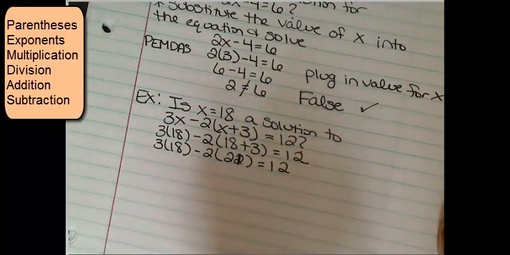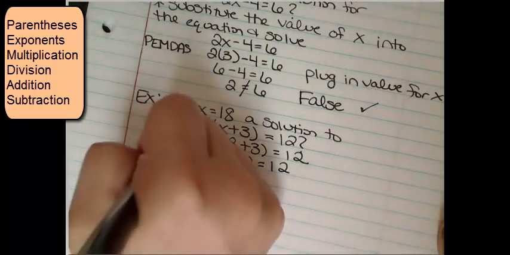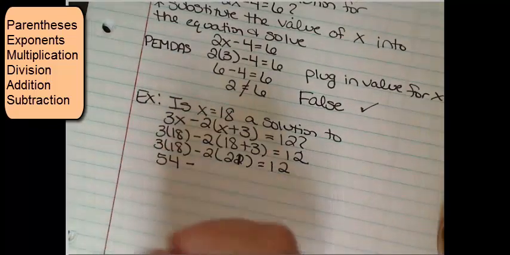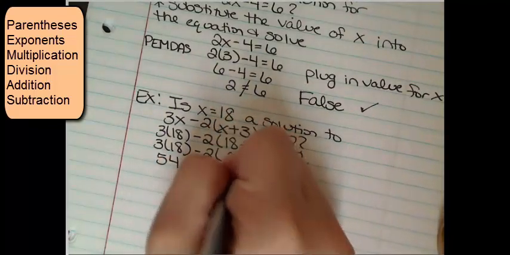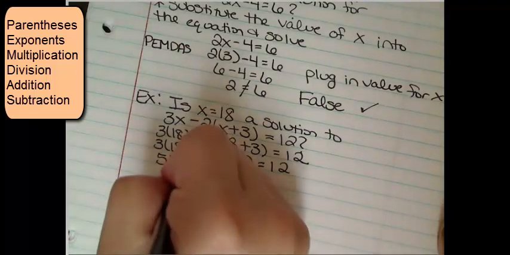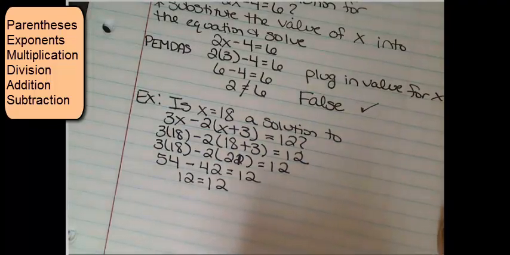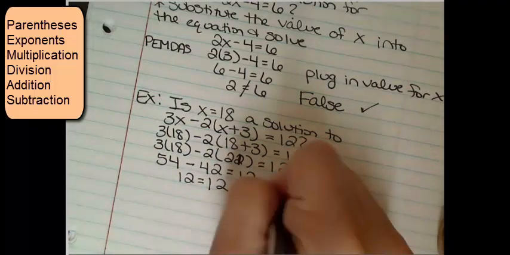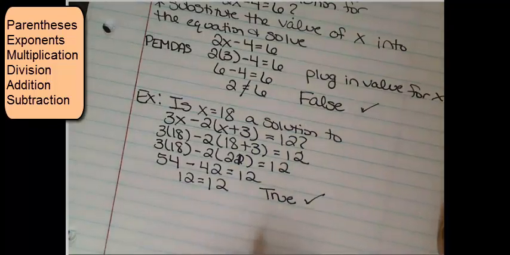Now we have 3 times 18, which will give us 54, minus 2 times 21, which will give us 42, equals 12. 54 minus 42, 12 equals 12. So that is true. So unlike the one above, where that was false, this one's true. So on our homework, we would say, yes, 18 is a solution to that problem.